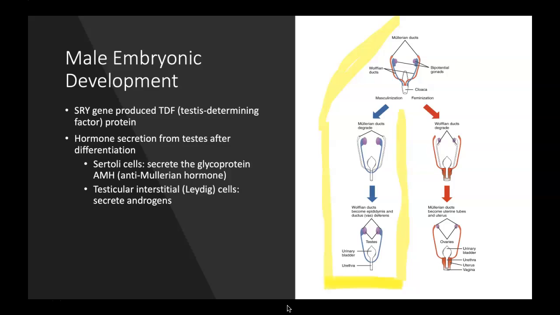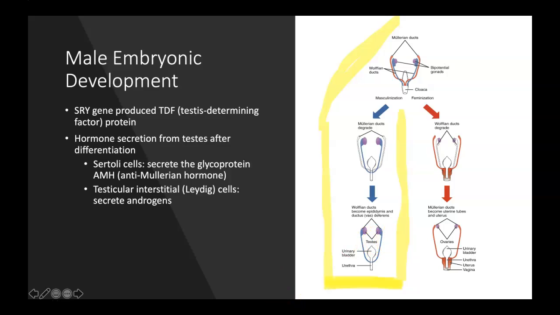But 3 hormones are secreted from the testes once they differentiate. Sertoli cells secrete the glycoprotein anti-Mullerian hormone, abbreviated as AMH. And then the testicular interstitial cells, also known as Leydig cells, secrete the androgens testosterone and dihydrotestosterone, abbreviated as DHT.